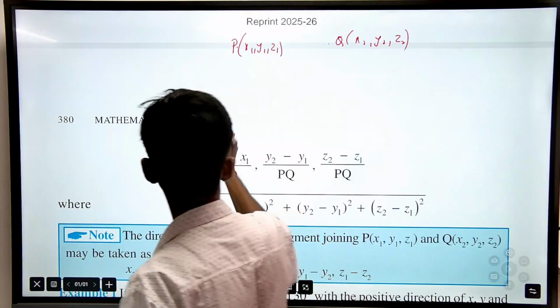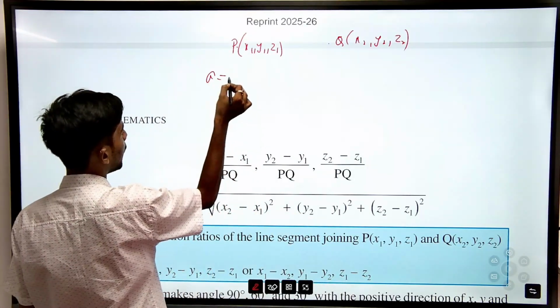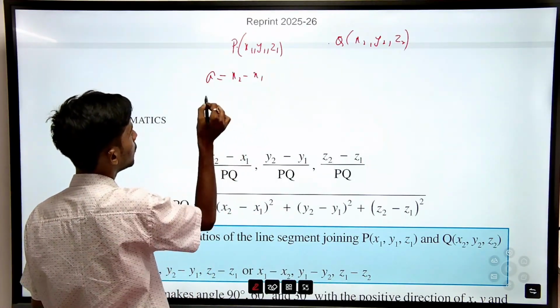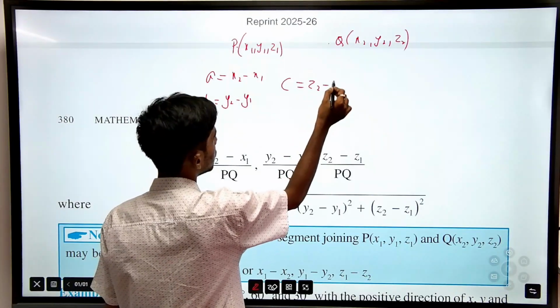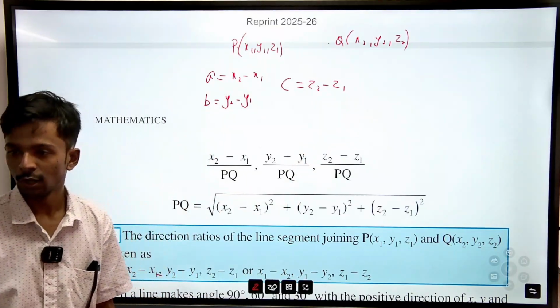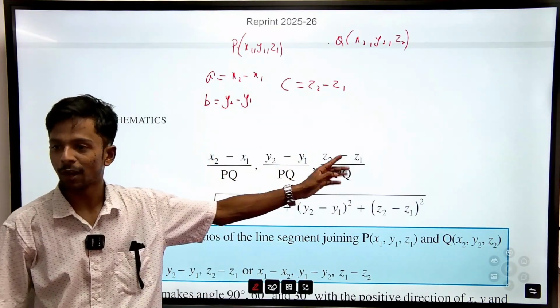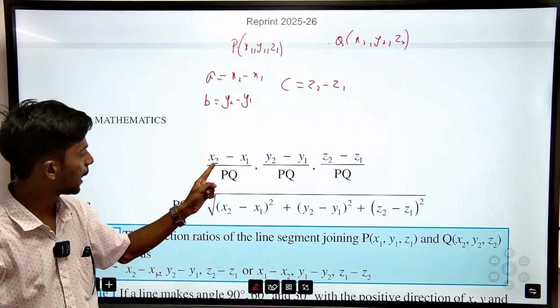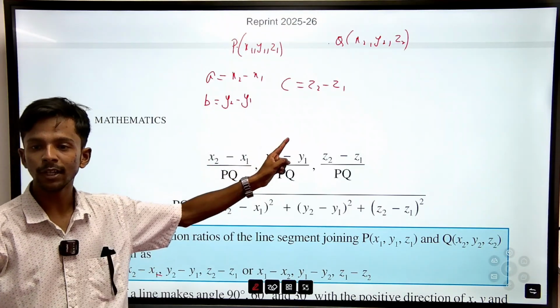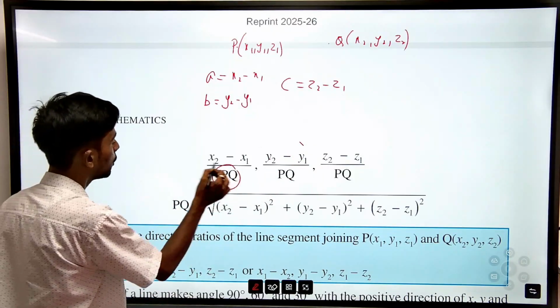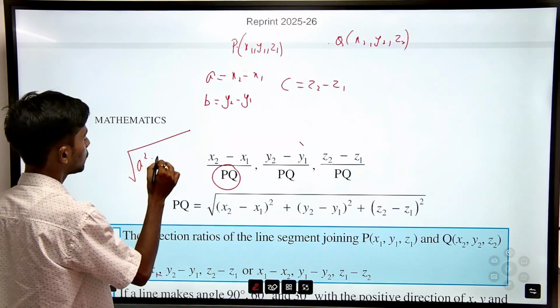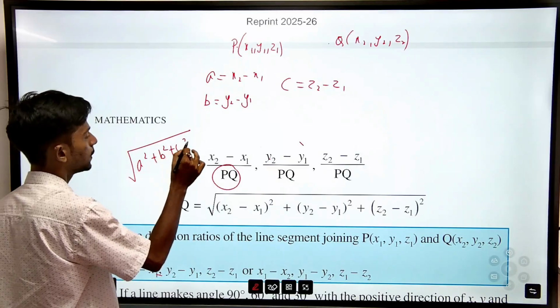So, if the 2 points are given, you have your a as x2 minus x1, you have your b as y2 minus y1, you have your c as z2 minus z1. So your a, b, c that was written there will simply become x2 minus x1, y2 minus y1, z2 minus z1. Yes or no? And PQ is nothing but the magnitude, root over a square plus b square plus c square.